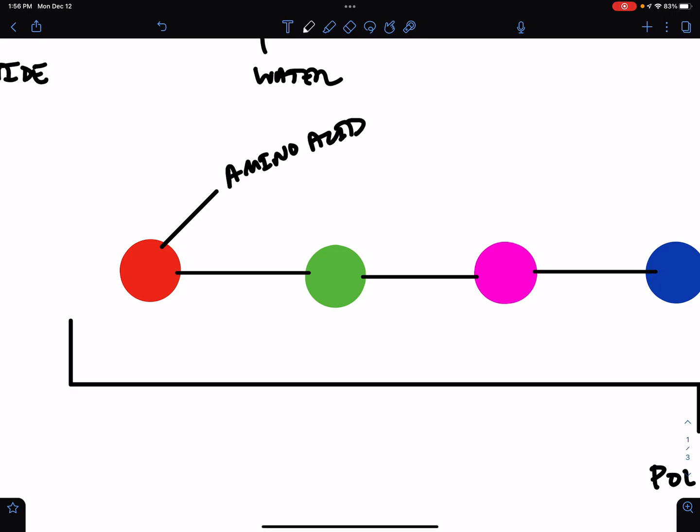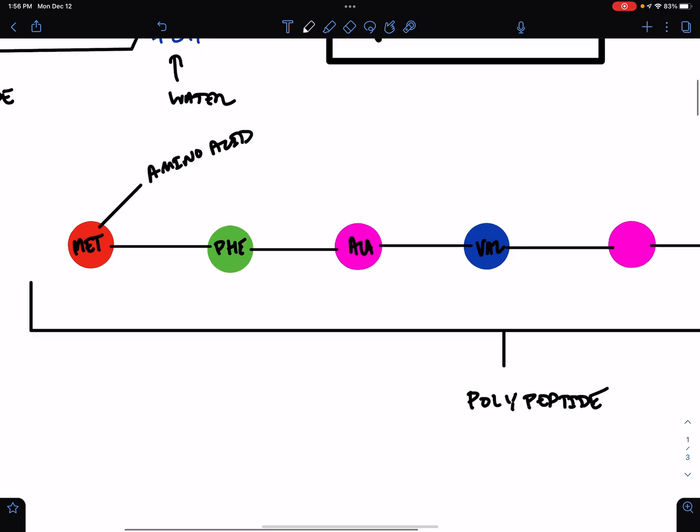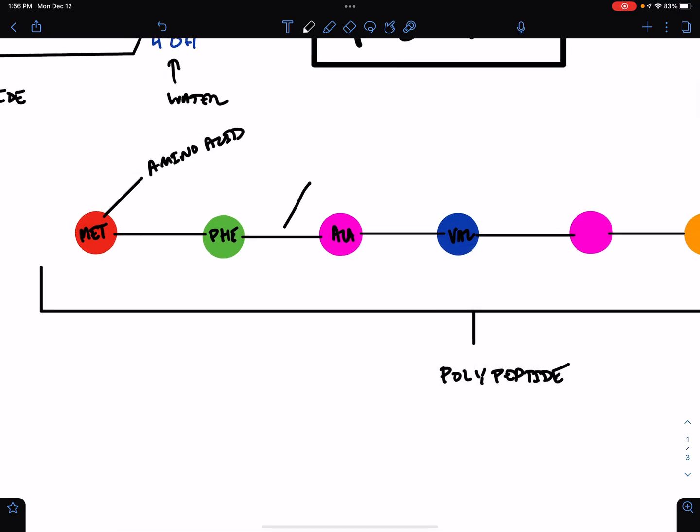So maybe this is methionine, and this is phenylalanine. They're all joined together by these peptide bonds. And this peptide bond is a covalent bond, so it is very strong.